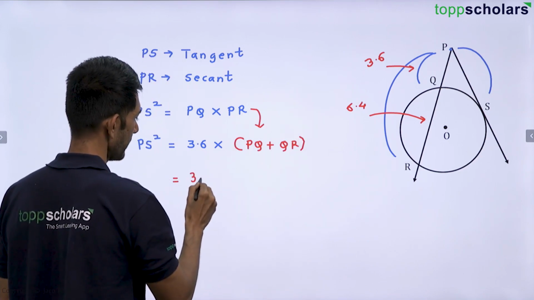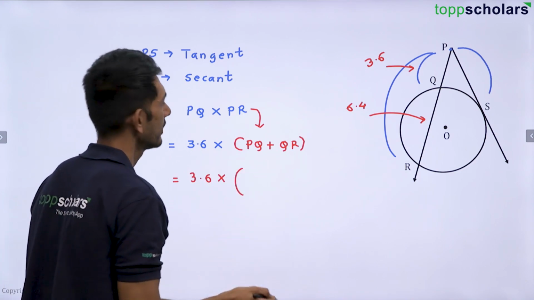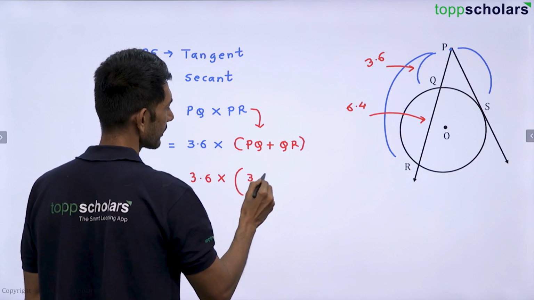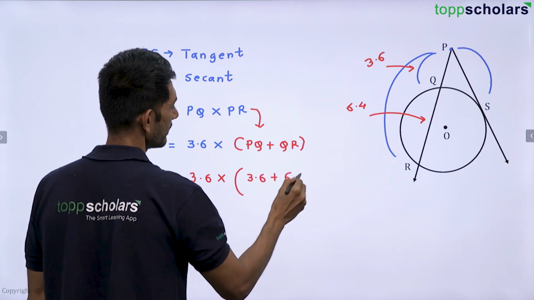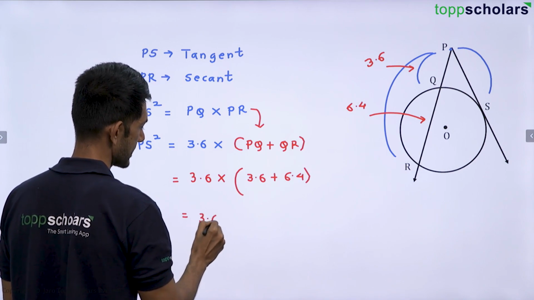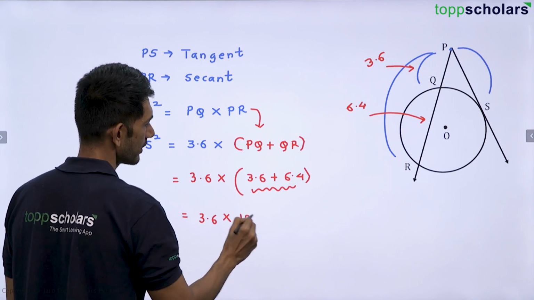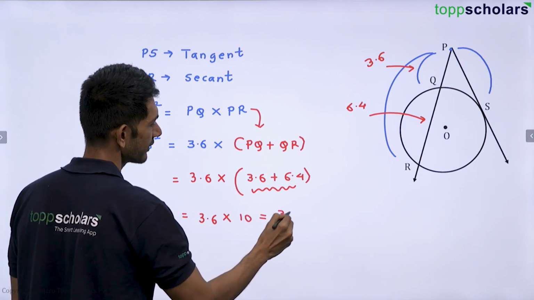So this becomes 3.6 multiplied by PQ plus QR, that is 3.6 plus 6.4, that is equal to 3.6 into 10. 3.6 into 10 is 36.